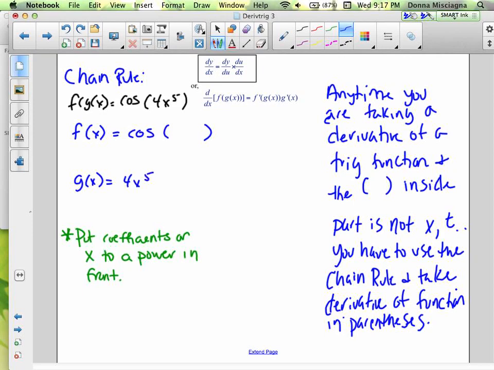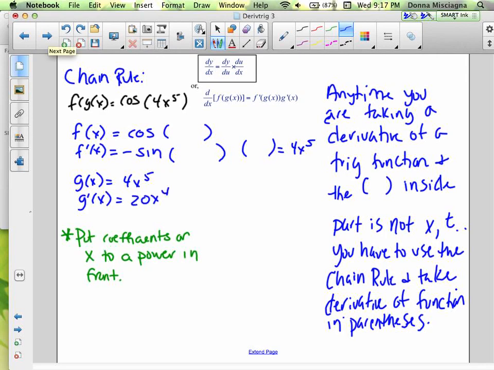The derivative of cosine blup is just negative sine blop. And in this case, the blop equals 4x to the 5th. The derivative of 4x to the 5th is just 20x to the 4th. That's just a power rule.